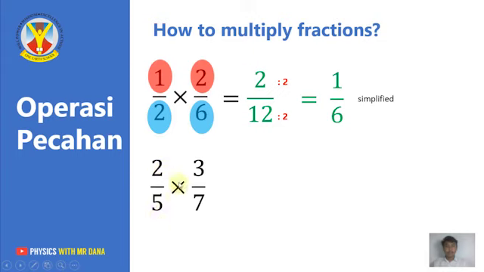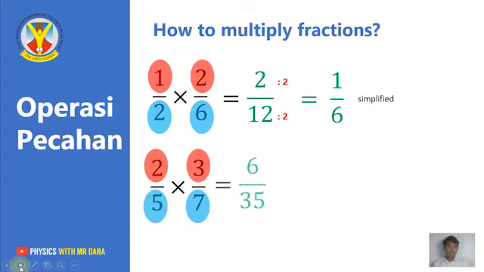2/5 multiplied by 3/7. With the same method as before, what you need to do is multiply the numerators 2 times 3 and multiply the denominators 5 times 7. So you will get 2 times 3 is 6, 5 times 7 is 35.